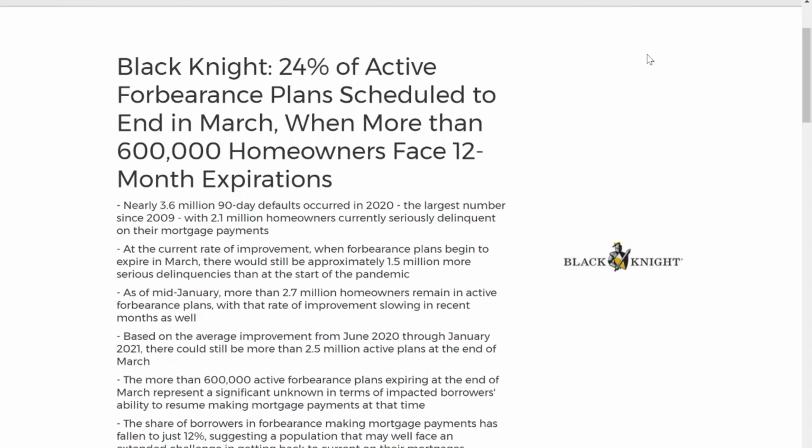As of February 2021, 24% of active forbearance plans are scheduled to end by the end of March. Now, when forbearance ends and new helping measures aren't introduced by the government, then people will be forced to rent, therefore causing an influx in rental demand.